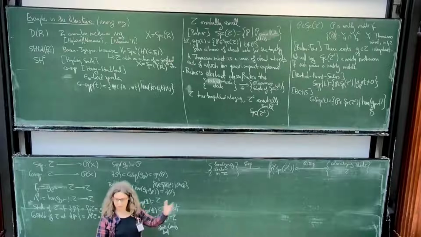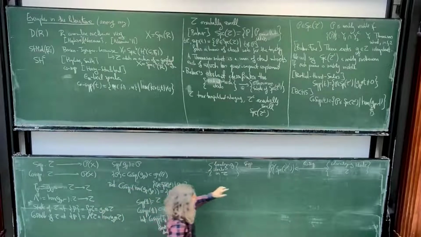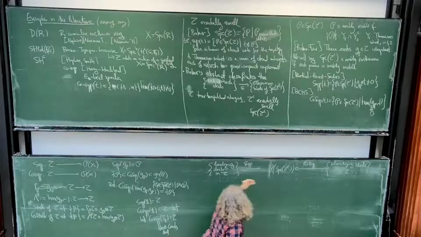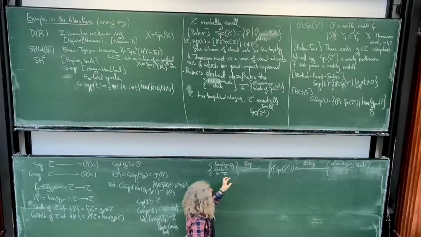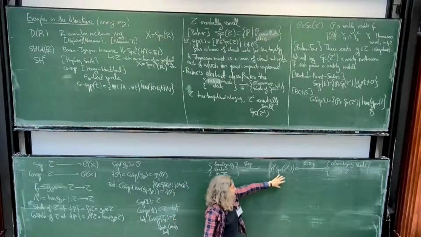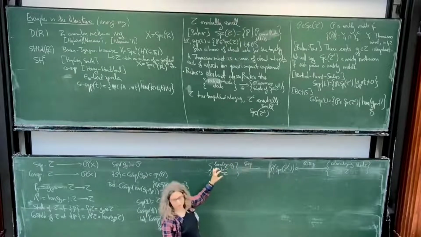You have to check when they really parametrize all localizing ideals or all colocalizing ideals, or when for each set of parameters you can reconstruct a unique localizing or colocalizing ideal.